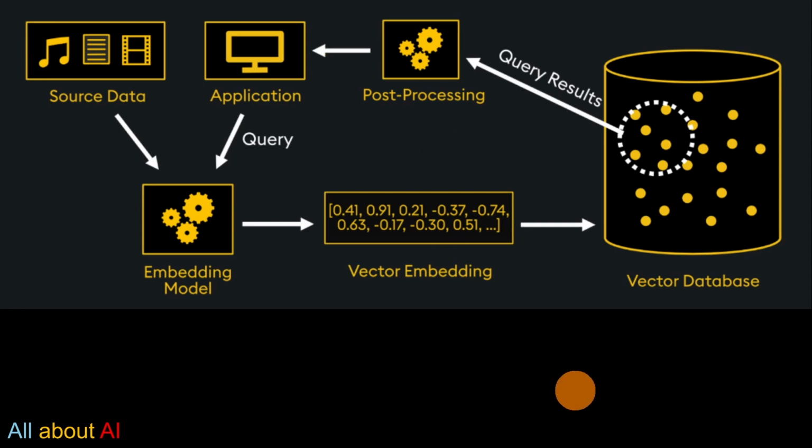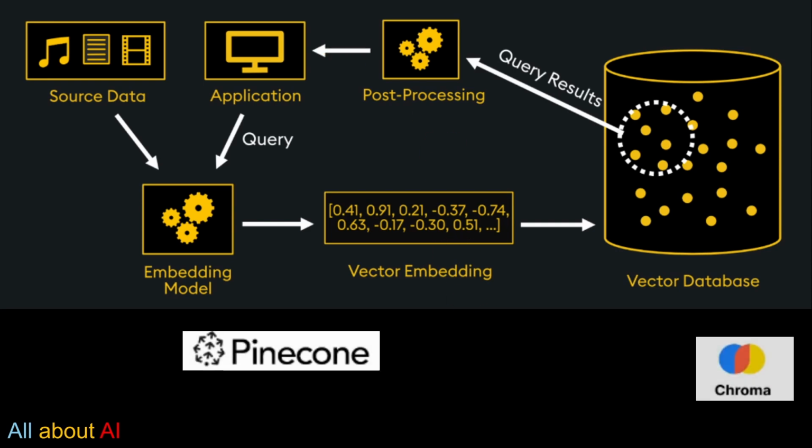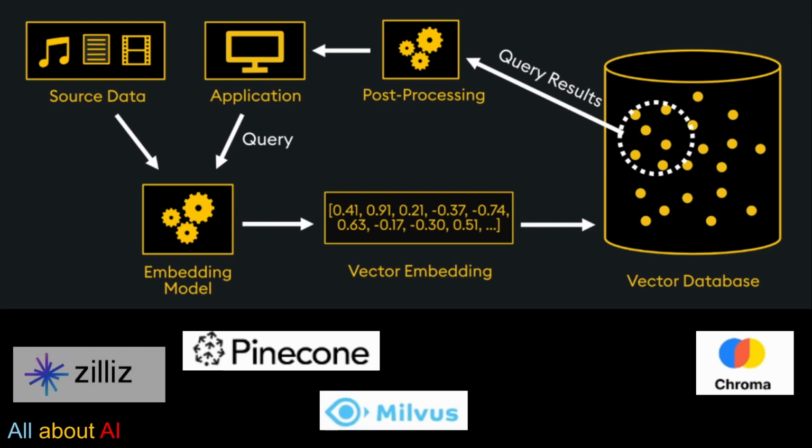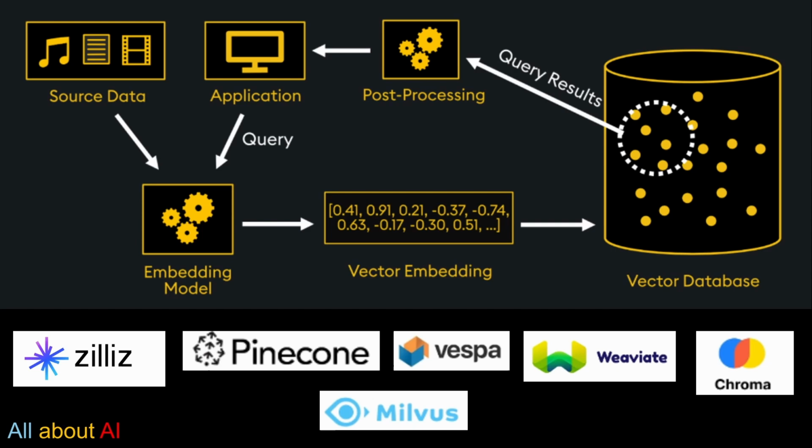There are many well-known vector databases in the market like Pinecone, Chroma, Milvus, Zilliz, Vespa, Weaviate, and many more. In fact, some traditional databases are now offering vector database capabilities as well, like Redis.